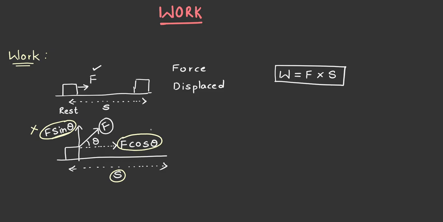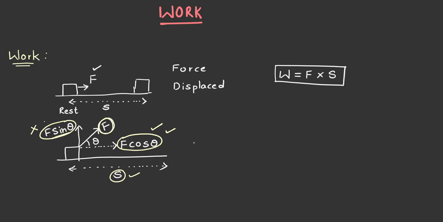So we can simply say that F cos theta has created this displacement. So when a force F is acting obliquely, a part of it acts along the horizontal, a part of it acts along the vertical. Out of these two, only one component contributes to the displacement, which is F cos theta.